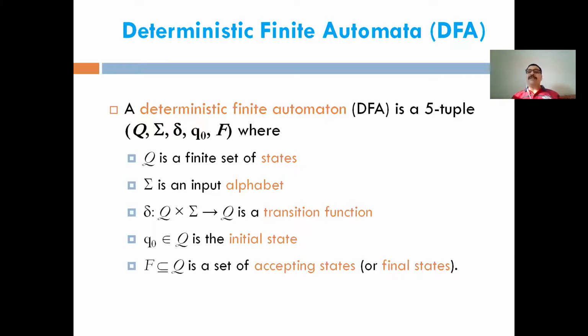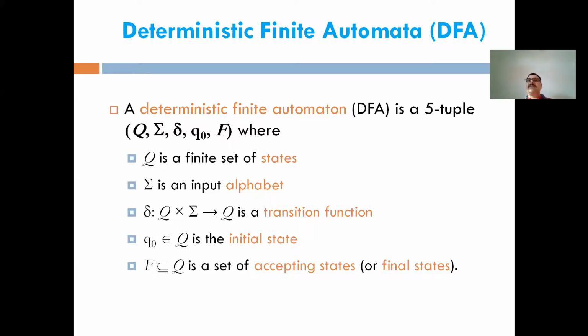Now the important part here is the transition function. So how does the transition function work? Actually, this transition function is applied on the state as well as the input. We can move in the diagram by using the transition function, and we will see an example to explain the working of this transition function in detail. Another thing is the Q0.